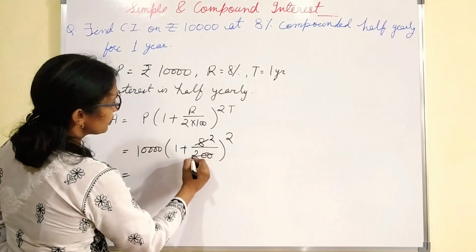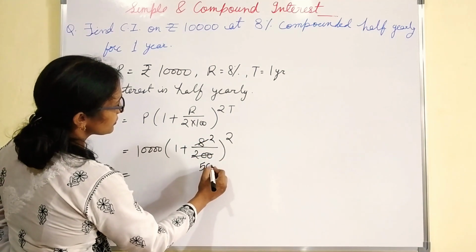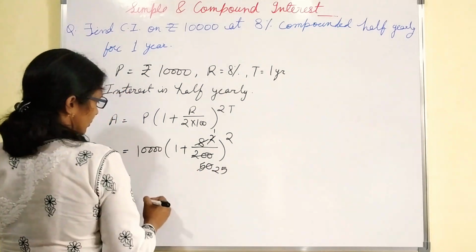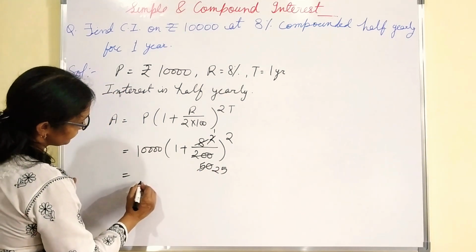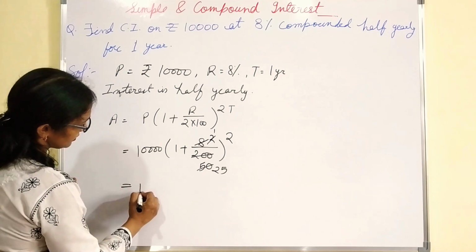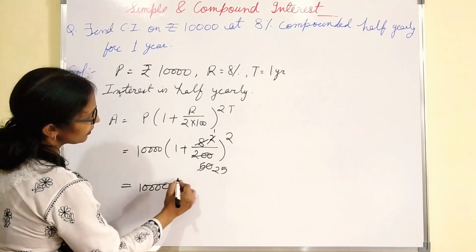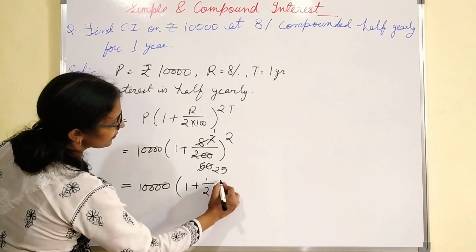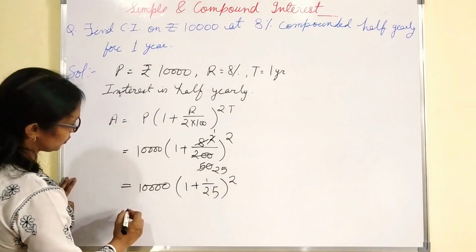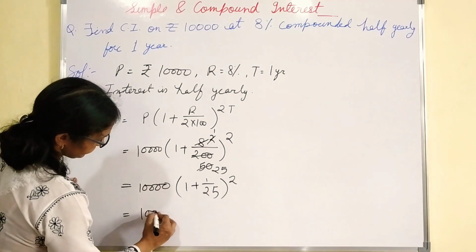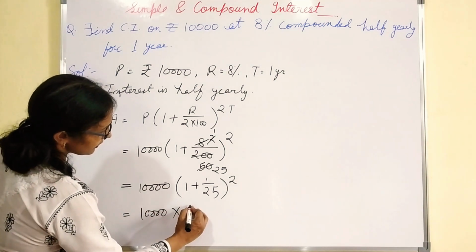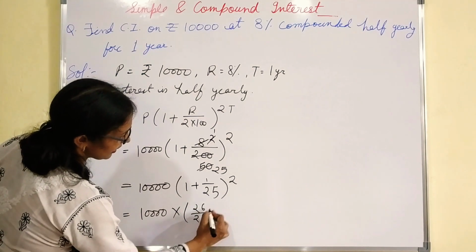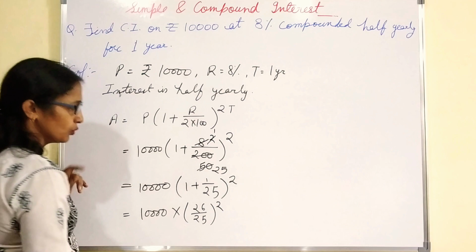4 2s are 8, 4 5s are 20, 2 1s are 2, 25 2s are 50. So it will become 10,000 (1 plus 1 upon 25) power 2, that is 10,000 into (26 upon 25) power 2.